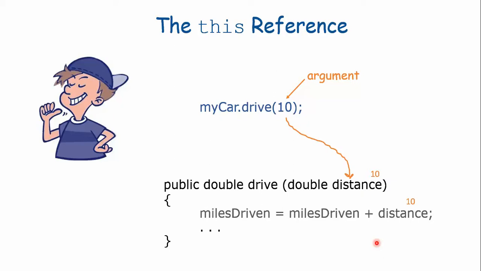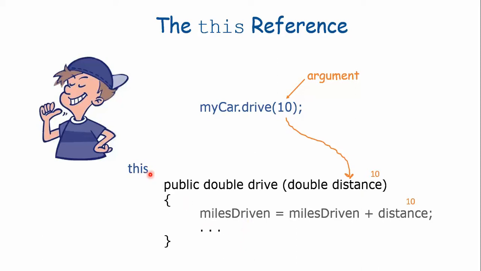But there is a variable which is not visible in this method, which is available to us by default. It can be considered as a hidden variable or hidden parameter. That is called this. This is a variable which is available for every method in every class that we create.